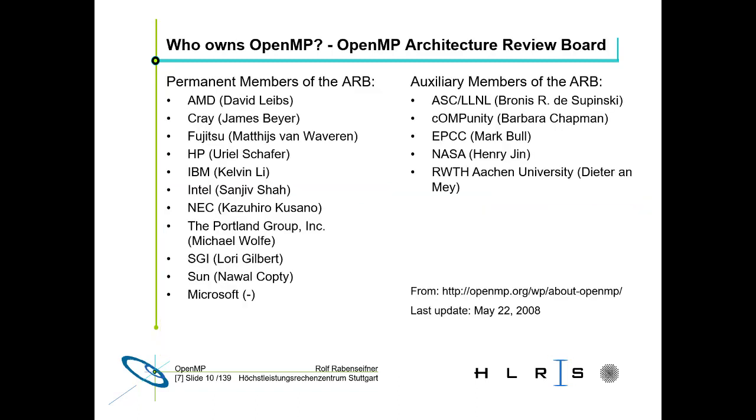So OpenMP is basically defined by the OpenMP Architecture Review Board, and a number of permanent members, and you recognize household names such as AMD, Cray, HP, which is now HPE, IBM, Intel, NEC, and so on, but also compiler vendors such as the Portland Group, which should now be NVIDIA, and some companies that no longer exist independently, like SGI, and in fact also Cray, because they became part of HPE.